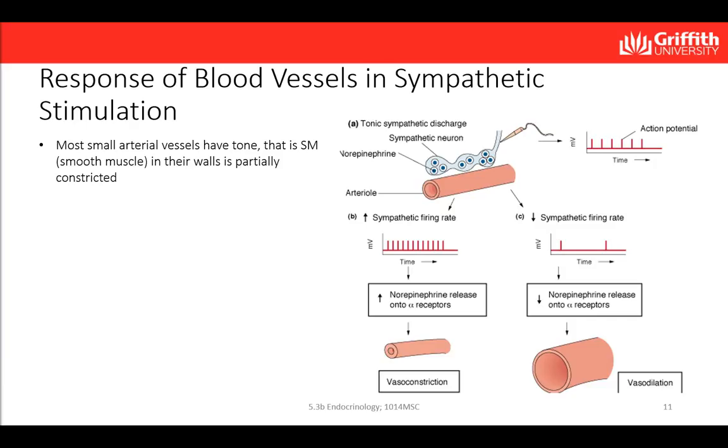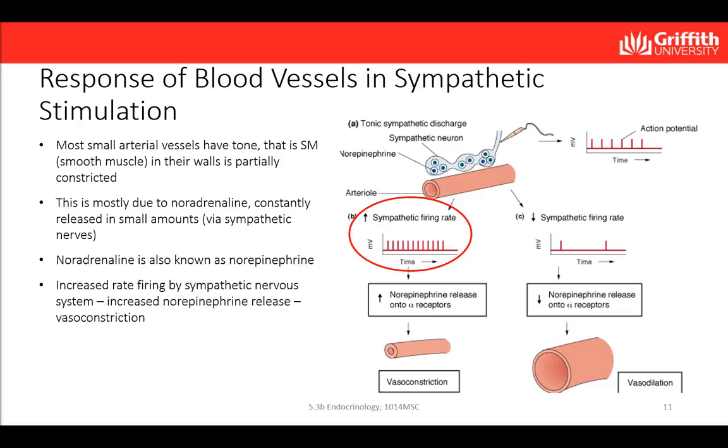Most small arteries have a vascular tone, which refers to the smooth muscles in their walls that maintain a state of partial constriction. This vascular tone is mostly due to the continuous release of noradrenaline in small amounts by the sympathetic nerves. When the blood pressure is too low to maintain blood flow, the sympathetic fibers fire more rapidly.